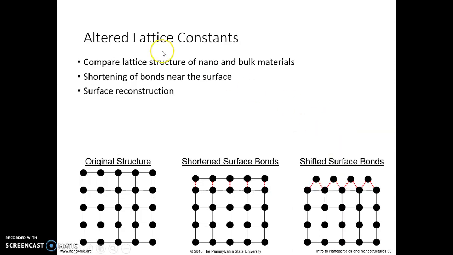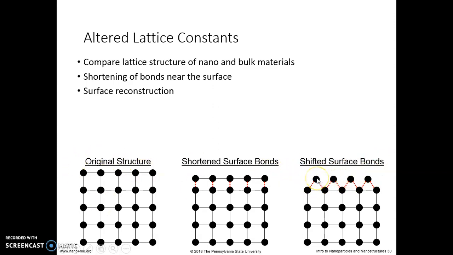Next, here you can see the altered lattice constants. Here you can see the lattice structure, the original structure. This is the original structure, and this one is showing the shifted surface bonds. Here the structure is varied compared to the original structure. Then the surface bonds are shifted. Here the structure is also varying when compared with the original structure.